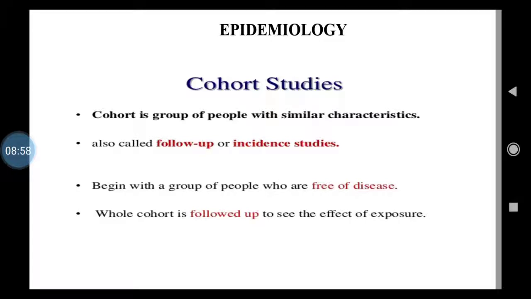So the cohort study is helpful to confirm the relation between the cause of the disease and the disease. Both are interrelated, so for that cohort studies are carried out.